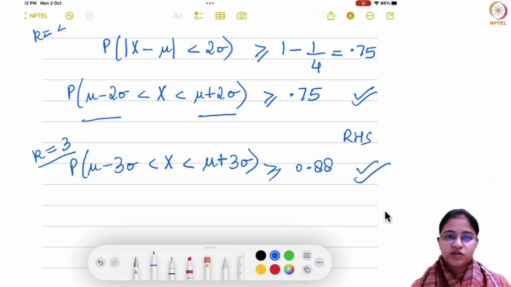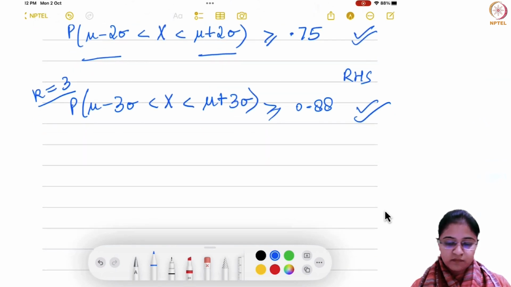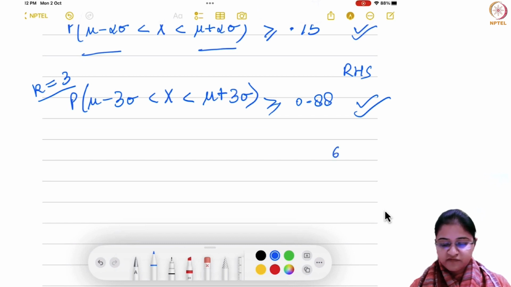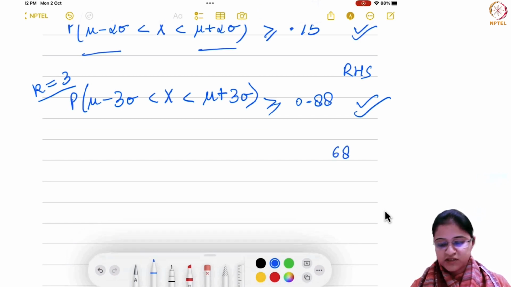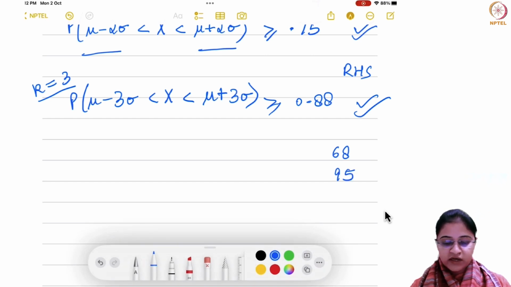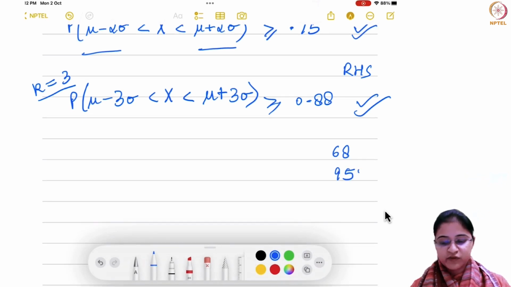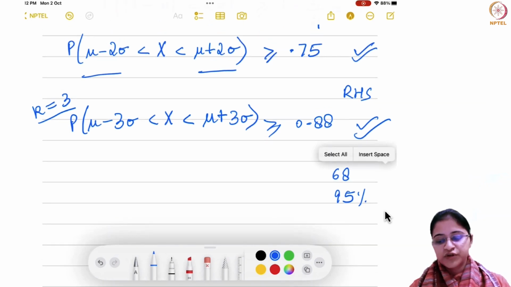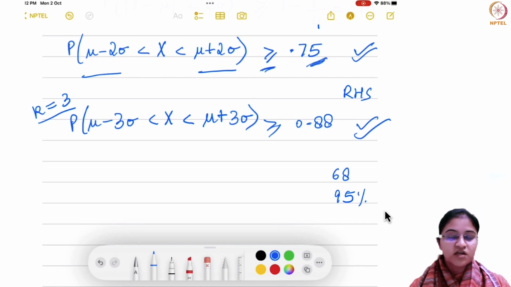If you compare it with the normal distribution, that standard rule of thumb, there you have 68% between mu minus sigma and mu plus sigma, and between mu minus 2 sigma and mu plus 2 sigma it is 95%. Although we are unable to reach that limit, it is saying at least 75%, and at least is coming because of this inequality, that this probability will be greater than or equal to 0.75. This means that at least 75% of the observations would lie within plus minus 2 standard deviations from the mean, regardless of the shape of the distribution.